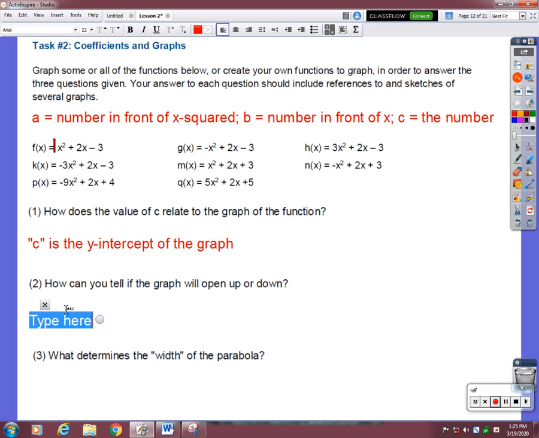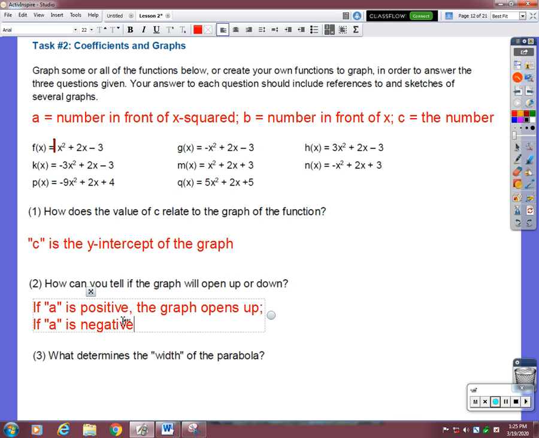How will you tell if the graph opens up or down? Well, that relates to the a value in the function. If a is positive, the graph opens up. If a is negative, the graph opens down. It's that simple.